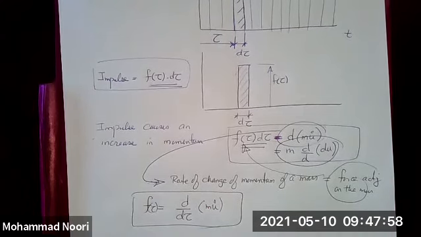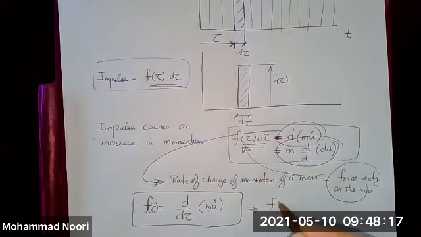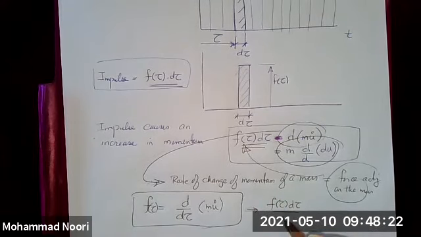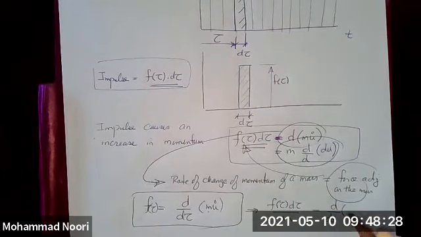This is the second law of Newton in terms of momentum. And of course, given that mass is constant, you get f of tau d tau over m is equal to d u dot.